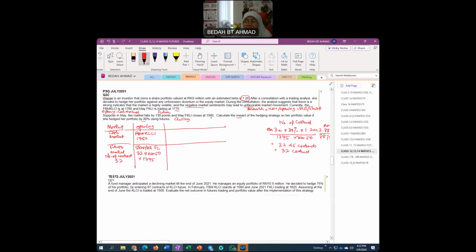So here is the index at closing. May futures, FKLI, Futures Kuala Lumpur Index, closes at 1560. So the strategy is to go long, close it with FKLI contracts, 32 multiplied by RM50.